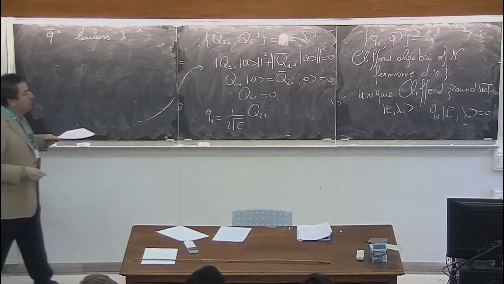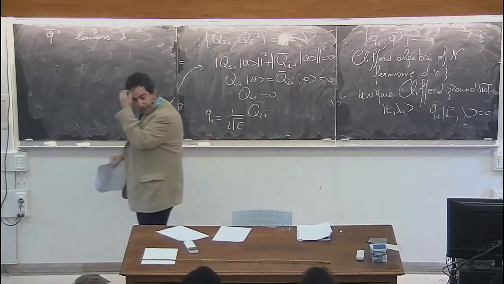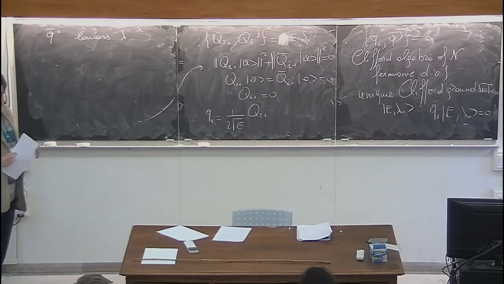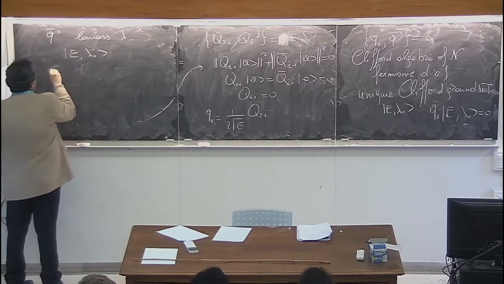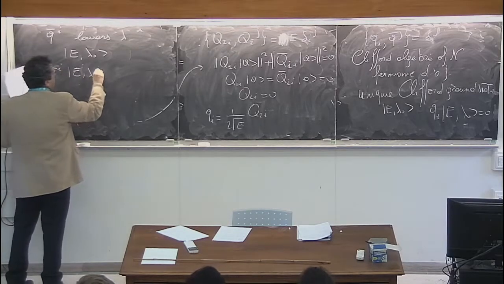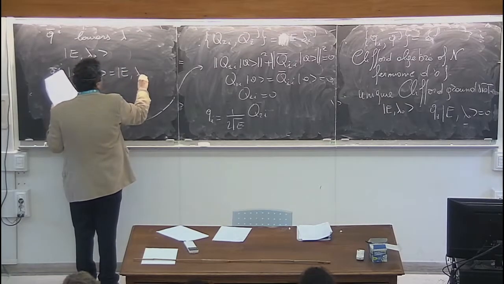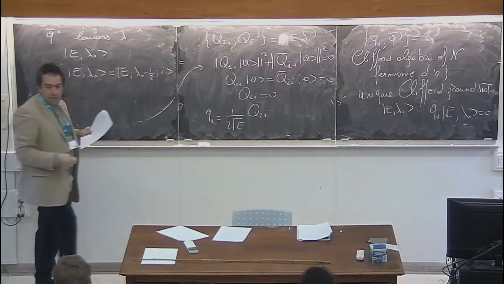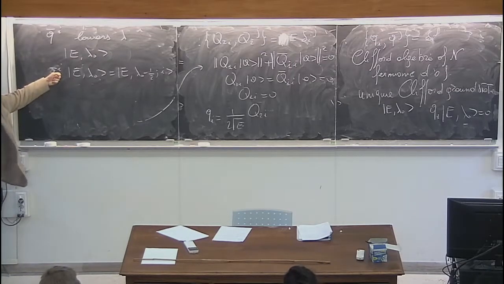So a generic state is obtained by acting on the ground state by means of Q bar. We start from E lambda naught. The first states are Q bar I acting on E lambda naught, which is E lambda naught minus 1/2, I. How many of these states do we have? As many as the generators I, so n.